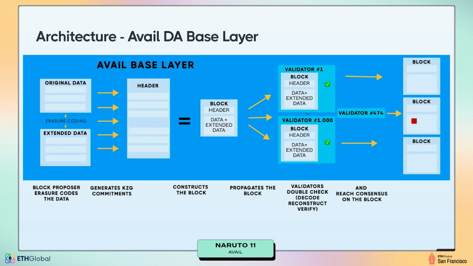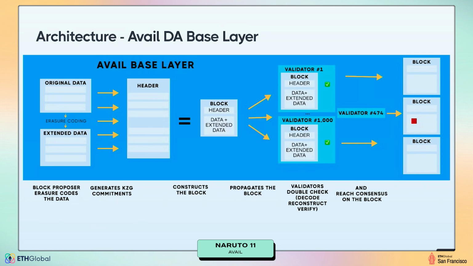Okay, this is the architecture. Just for theoretical knowledge, it won't be for the bounties, but it's a good thing to know. How it generally happens is that you have original data, you have extended data that is generated with the erasure coding, and it generates an Avail header or a block, and that's the KZG commitments. This KZG commitment is later on constructed as a block.